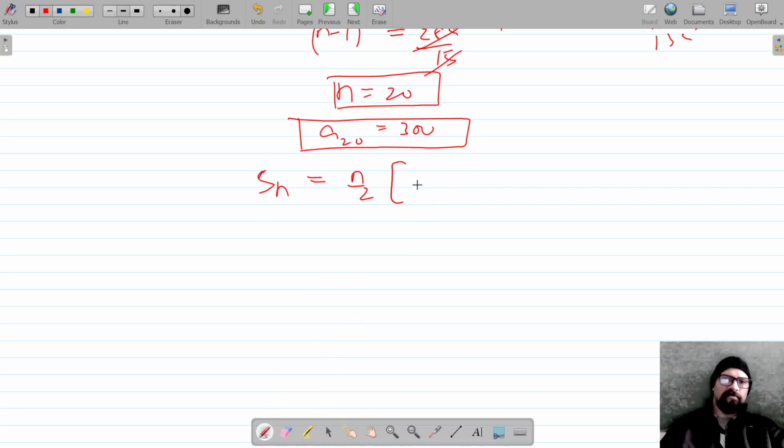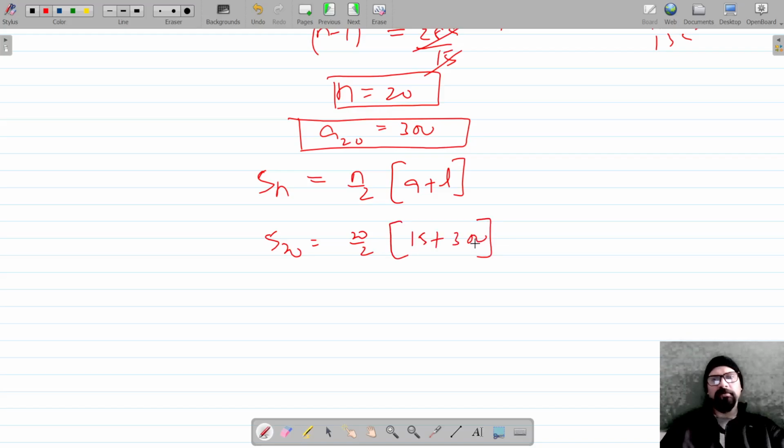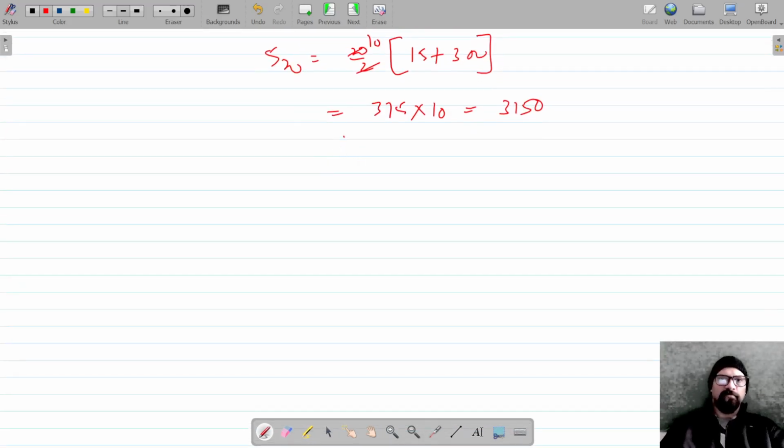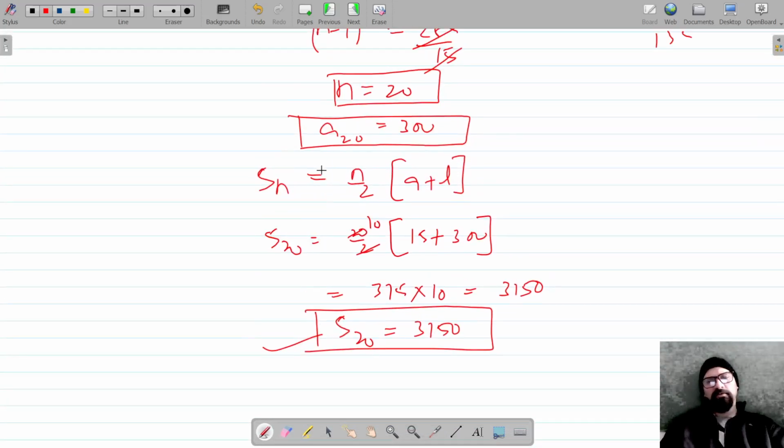So the sum of 20 terms is 20 by 2, first term is 15, last term is 300. This gives me 10 into 315, which is equal to 3150. So the sum of 20 terms is equal to 3150. So these are all the terms and the sum of them is 3150.